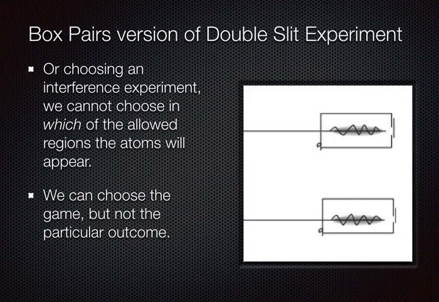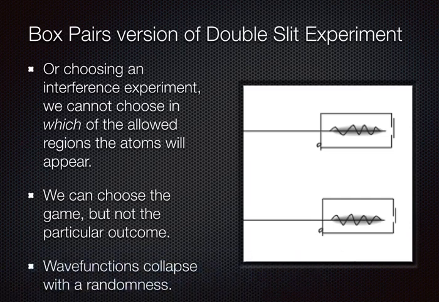Just this simple fact, which should make sense now because we've gone slowly into it, invalidates 90% of what you will find on Amazon.com if you type in quantum. Wave functions collapse with randomness. All right? Said it 100 different ways. Just want everyone to know.